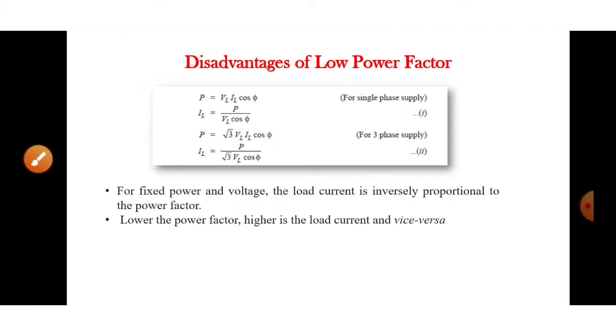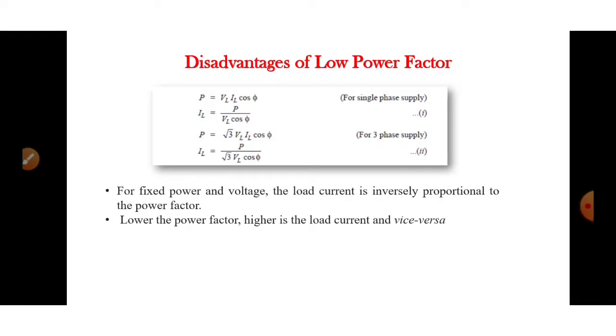Let's see what are the disadvantages of low power factor. For single phase supply, power P is equal to VL IL cos phi. From this we will get IL as P divided by VL cos phi. For three-phase supply, P is equal to root 3 VL IL cos phi. So IL is equal to P divided by root 3 VL cos phi.